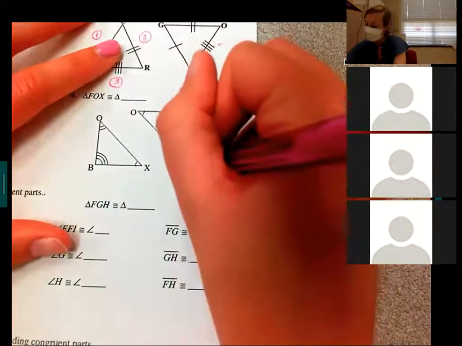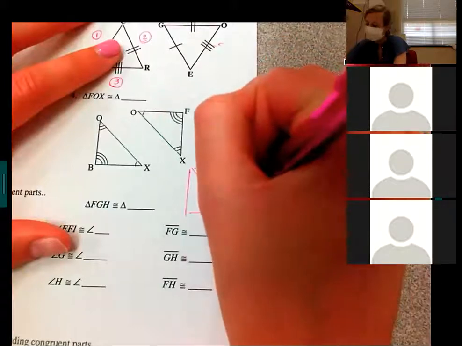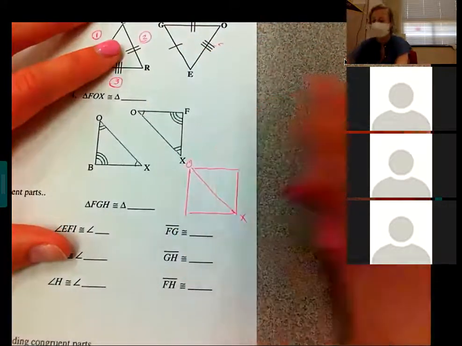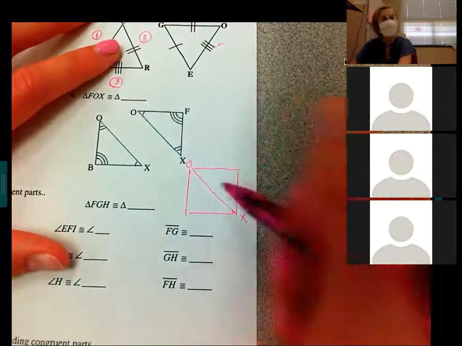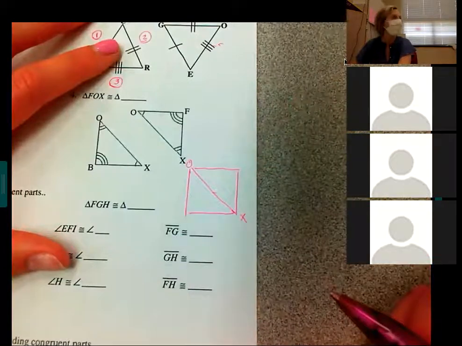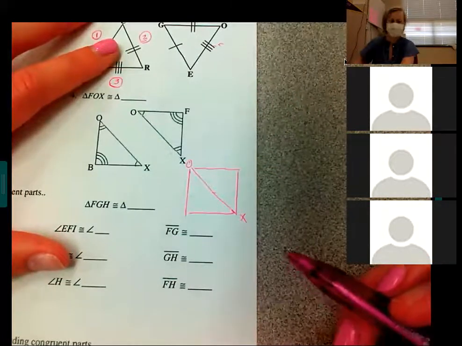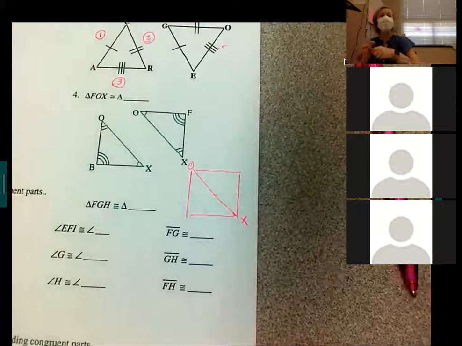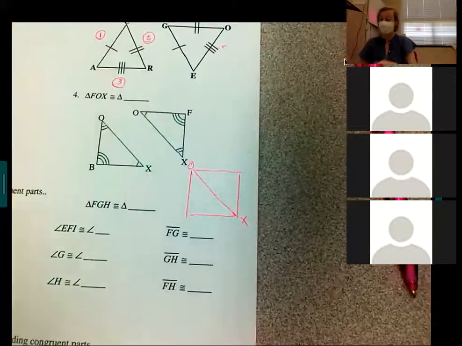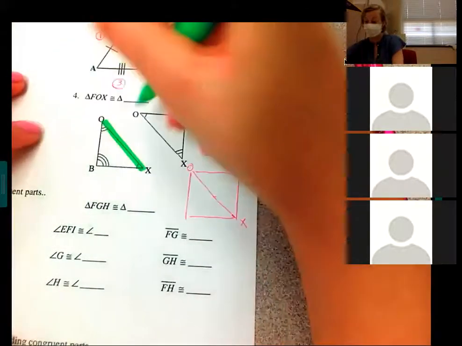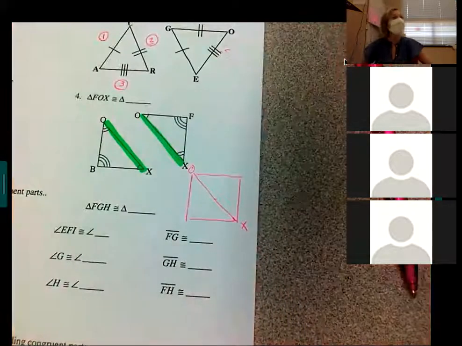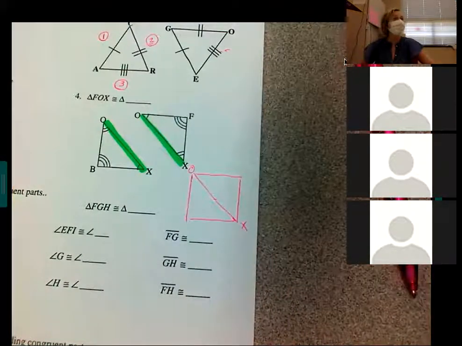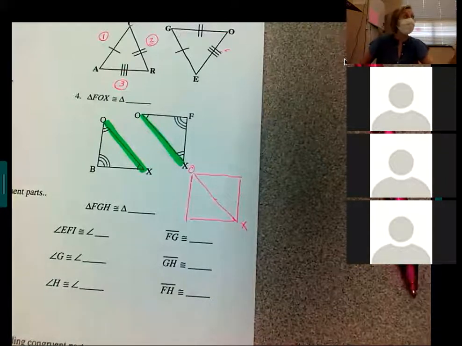If I pushed these together and this is OX on both of them, is that side going to be the same in both triangles? Yes. Yes. No. Listen, I love you. You're wrong. So I'm not going to waste my time arguing with you because you're going to waste our time. They're both OX. Is side OX in one triangle going to be the same as side OX in the other? Yes. If it wasn't the same, I would give them different letters.